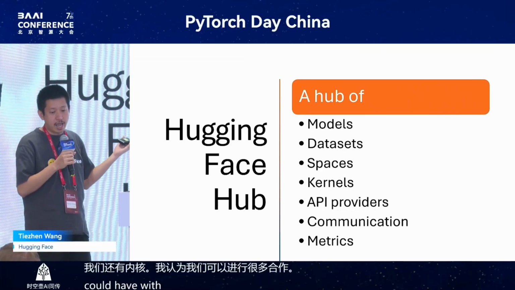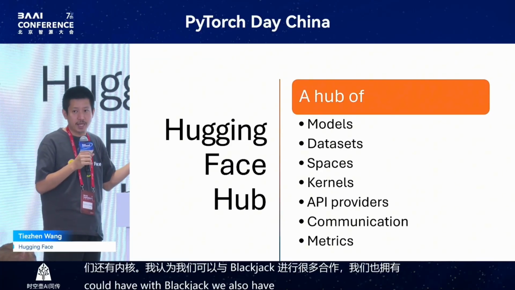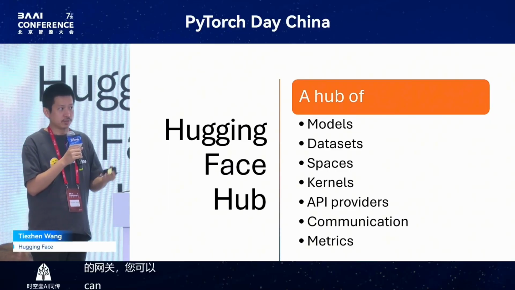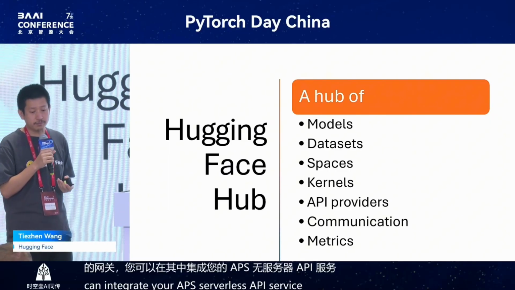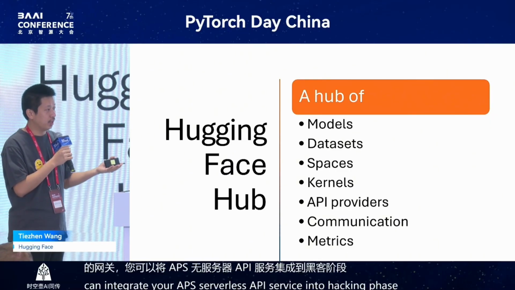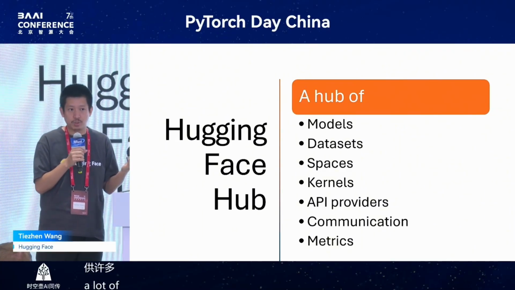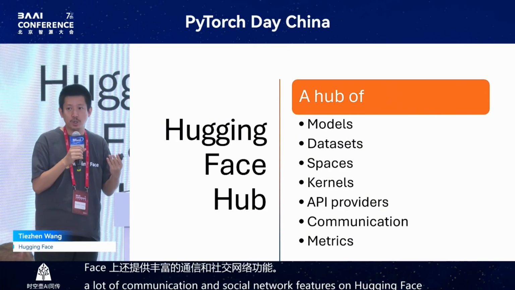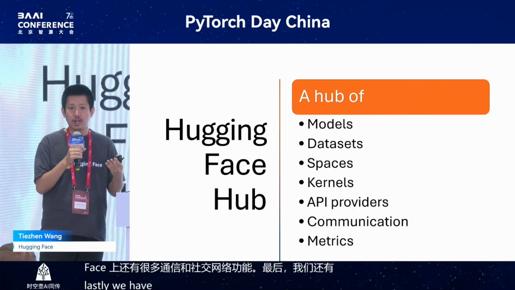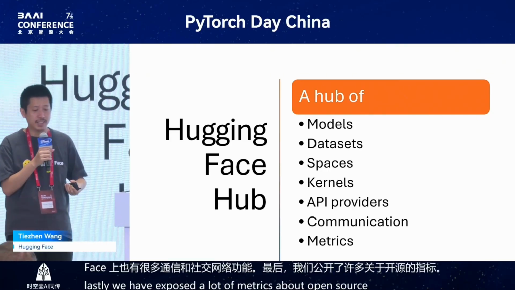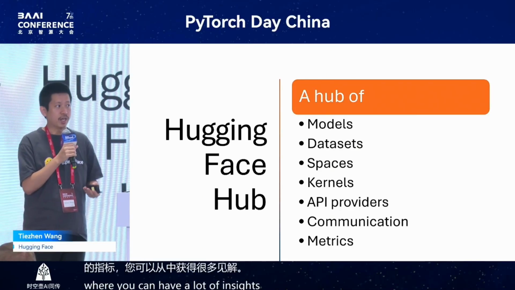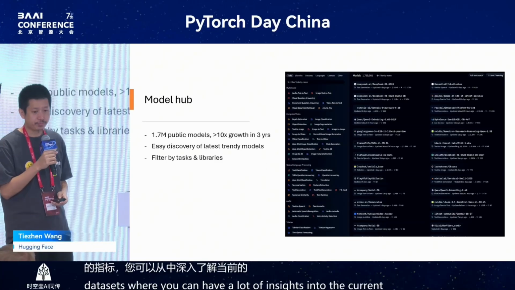We also have a gateway for API providers where you can integrate your serverless API service into Hugging Face. We also have a lot of communication and social network features on Hugging Face. And lastly, we have exposed a lot of metrics about open source models and datasets where you can have a lot of insights into the current open source ecosystem.